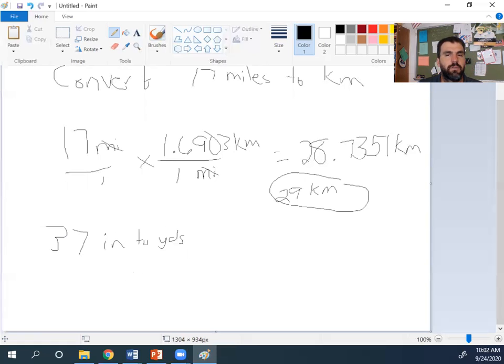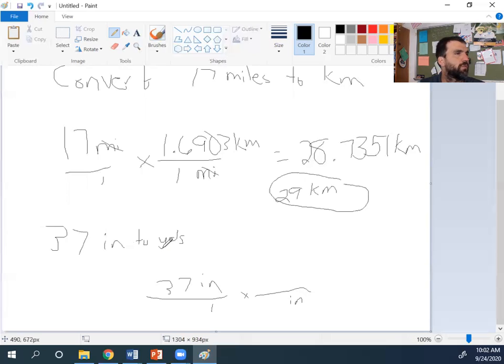So my first step is to take what I know and put it over 1: 37 inches over 1 times, what unit's going to be on the bottom? Inches. Now, I picked this one on purpose. What unit's going to be on the top? Am I going to put yards on the top?